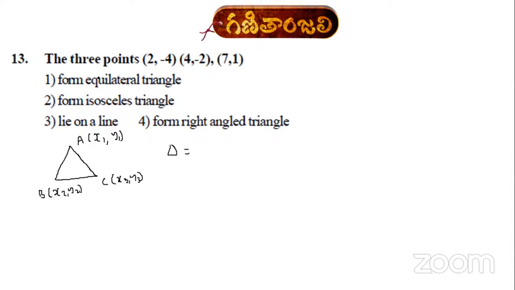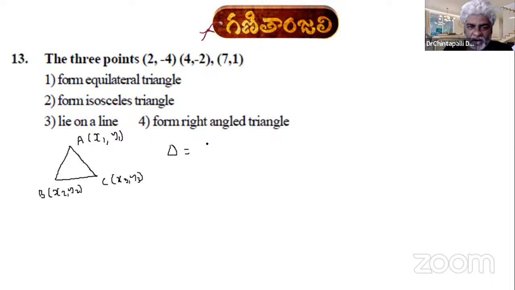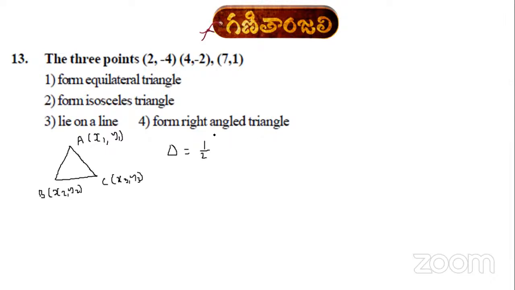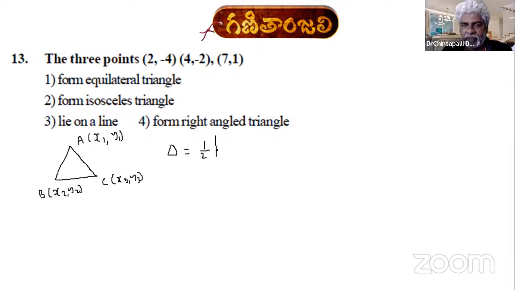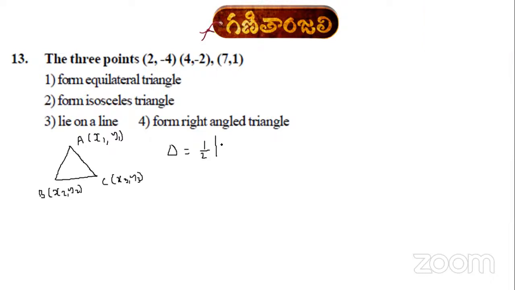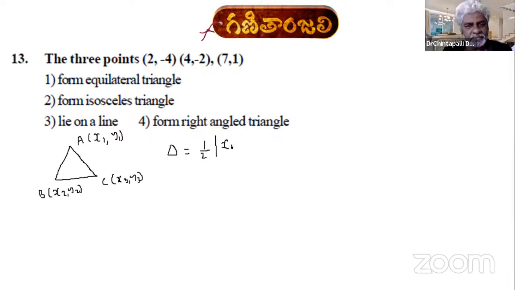In the same way, in coordinate geometry, the area of a triangle formula starts with half, as in plane geometry. Now, modulus, because area is never negative. Area is always positive. That's why mod is used, right? Half of mod of x1 times (y2 minus y3) plus x2 times (y3 minus y1).